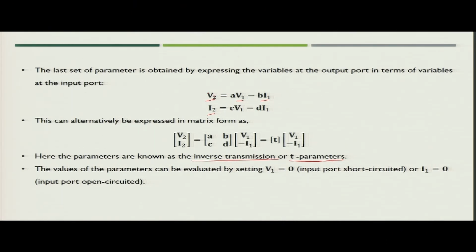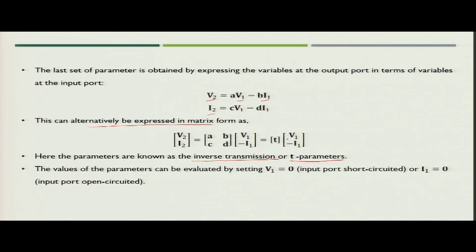So, how do we write it? V2 is equal to small a V1 minus small b I1, and I2 is represented as small c V1 minus small d I1. Alternatively, in matrix form you can write it like this: V2, I2 will be the dependent variable vector, and this will be equal to the small abcd matrix times the independent variable vector, that is V1 and minus I1.